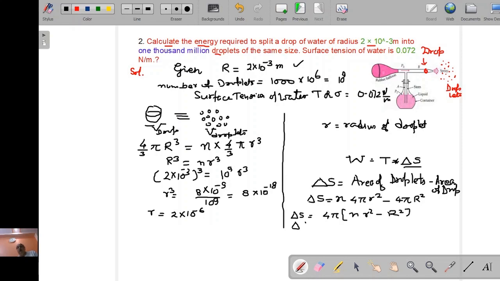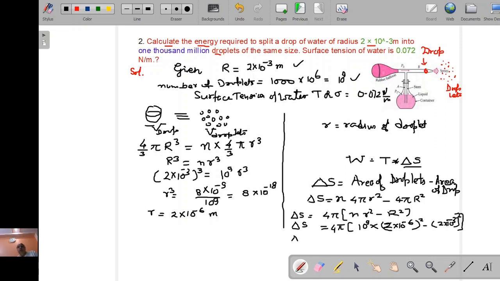Or delta S is equal to 4 pi, n is 10 to the power 9, 10 to the power 9 droplets are there. r we already found out, 2 into 10 to the power minus 6 meter, square, minus capital R, which is 2 into 10 to the power minus 3 meter, square.